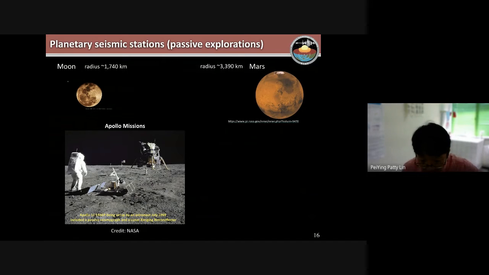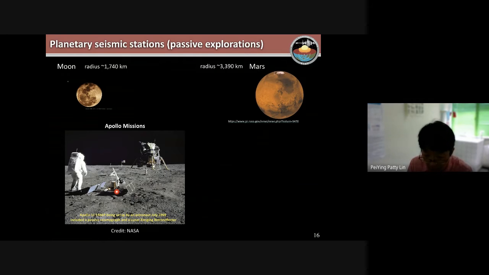In the Apollo missions, about 50 years ago in the 1960s and 70s, astronauts deployed seismic stations on the lunar surface. Here is an image from the Apollo 11 mission. The astronaut, Dr. Aldrin, is with the seismic experiment.